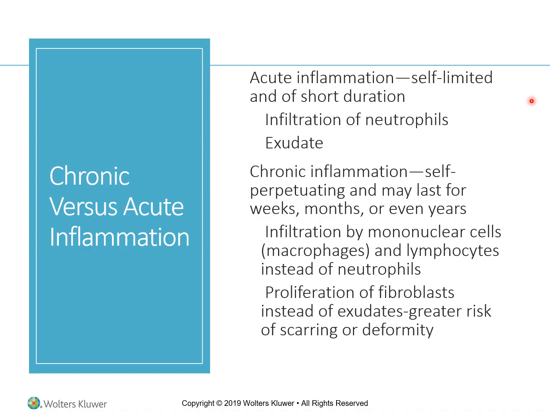Certain agents also evoke chronic inflammation. They are typically what we call low-grade producers of inflammation, like persistent infections or irritants that are unable to deeply penetrate tissues or spread rapidly.